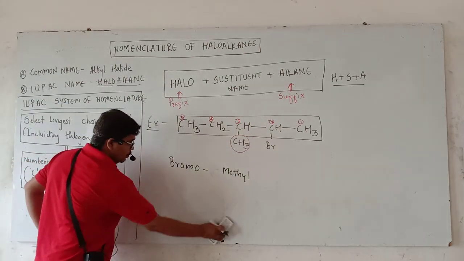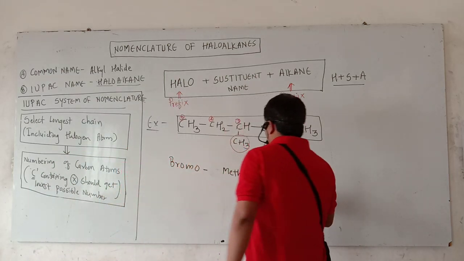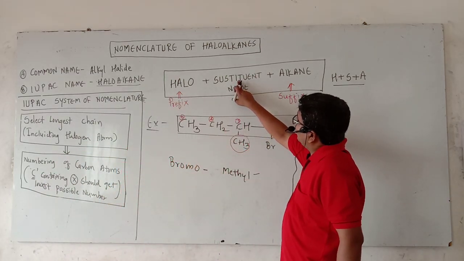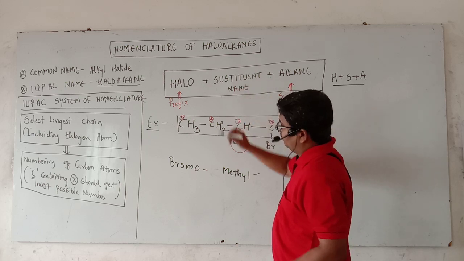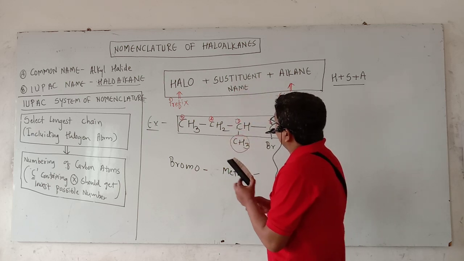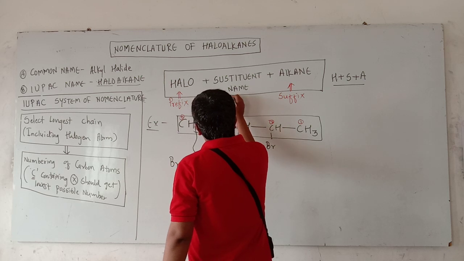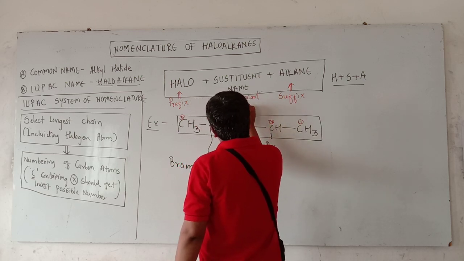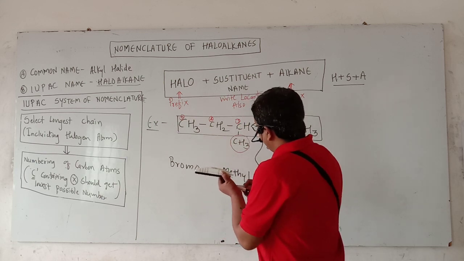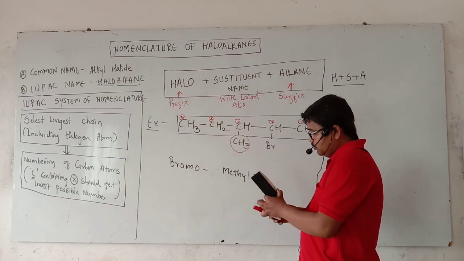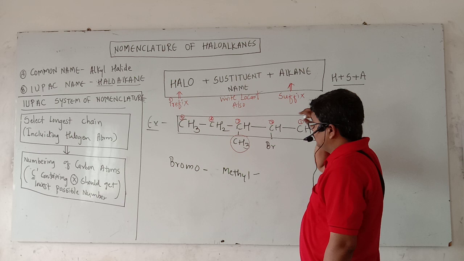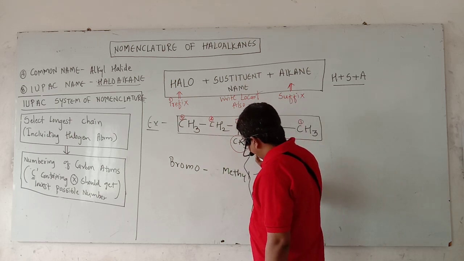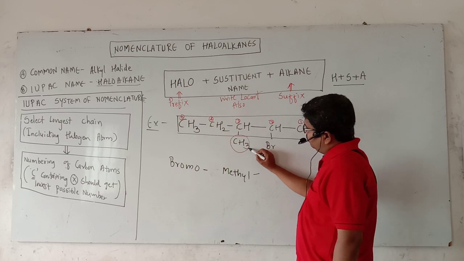Now before the name of the substituent, write its locant. What is the locant? Locant means location, the position where this substituent is attached. So where is this substituent attached?